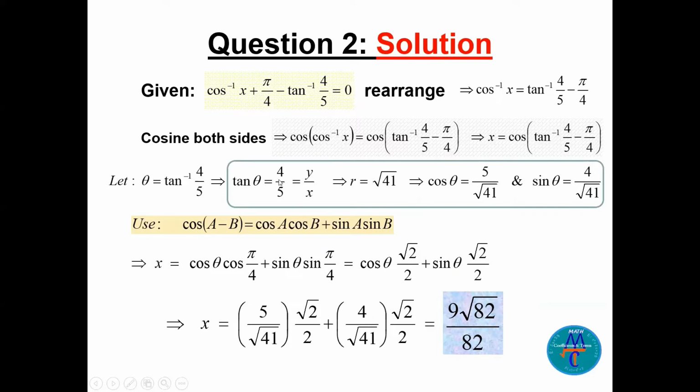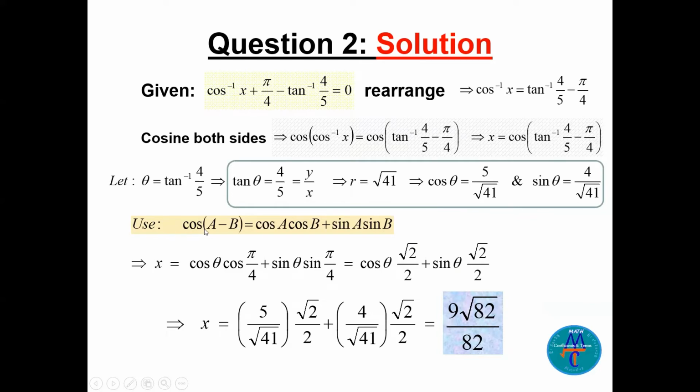So tan of theta will be 4 over 5, which is y over x. I can find r, which is square root of 41. So from there, I can find cosine of theta, which is x over r, 5 over square root of 41. Sine of theta is equal to y over r, which is 4 over square root of 41.